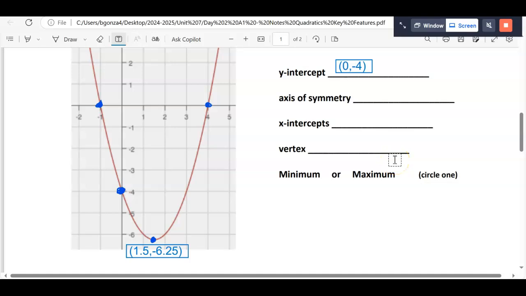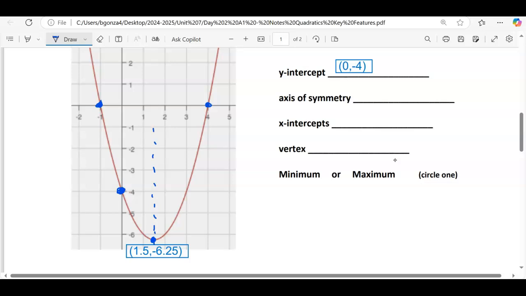Now, let's draw the axis of symmetry, going straight down the middle with a dashed line. Y'all ready? Here we go. Through the vertex, straight up and down. Now here's something new. The way you write an axis of symmetry, it has to be an equation of a line.